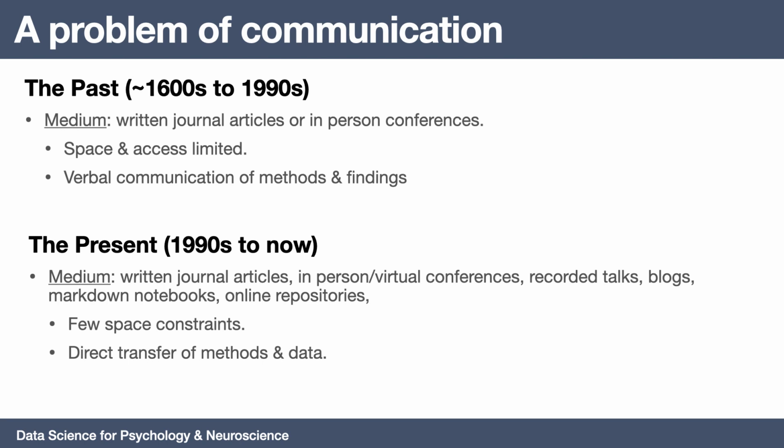And as a result of the internet, we now have electronic mediums by which to communicate our methods and our results and actually give our data, physical data, to other people. So the medium shifts from continuing written journal articles and in-person conferences, but now you have recorded talks, blogs, markdown notebooks, online repositories, etc.